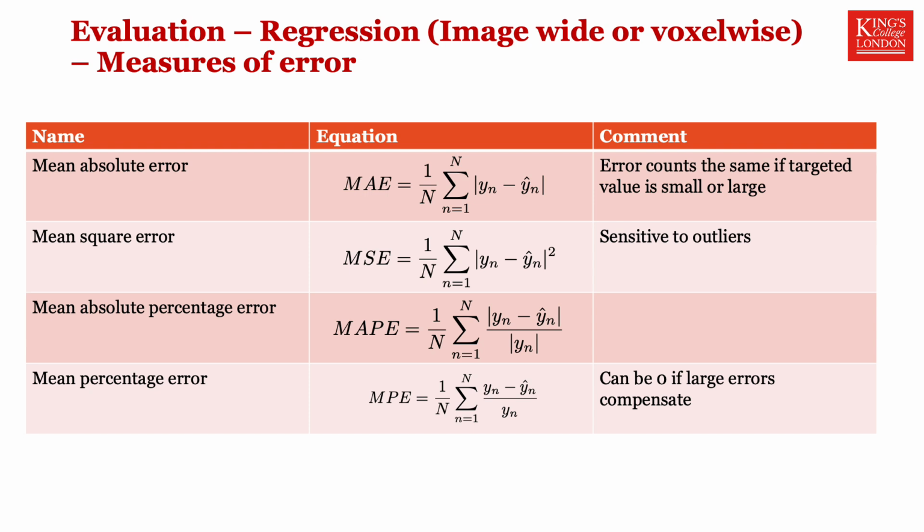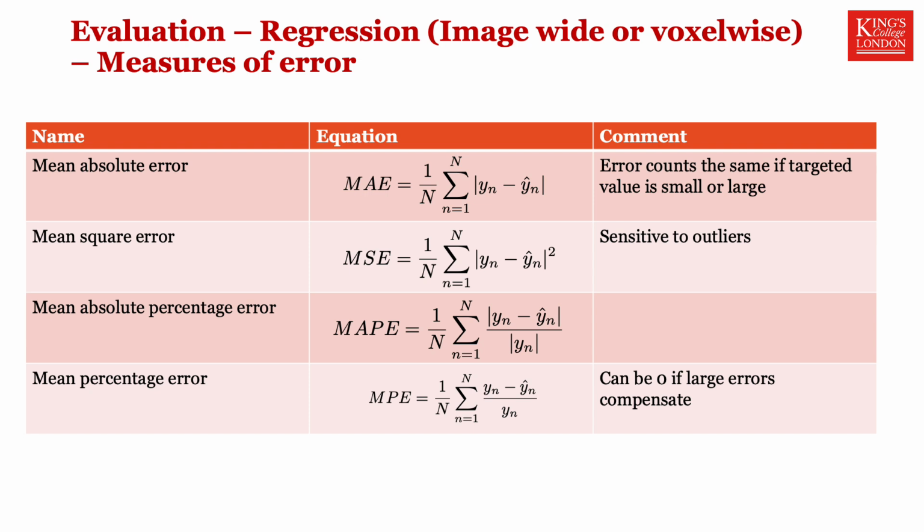If you have the mean percentage error, then you may still get a 0 even if you have large errors, because it will be compensated: you may have a very positive one and a very negative one, and then you sum them together and you end up with 0.